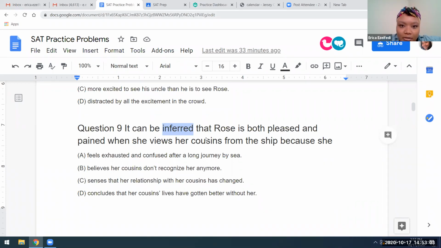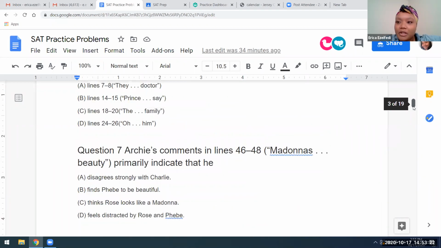Chat question: yeah, that's a good synonym, Brianna, assuming. Based on what we read regarding her being both pleased and pained, we can assume. So that's a fairly good synonym.